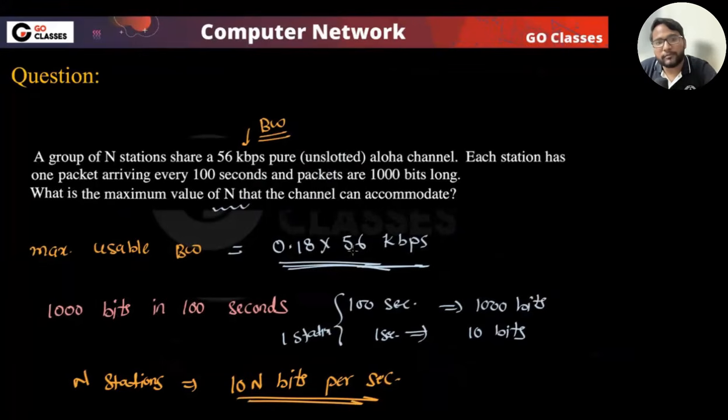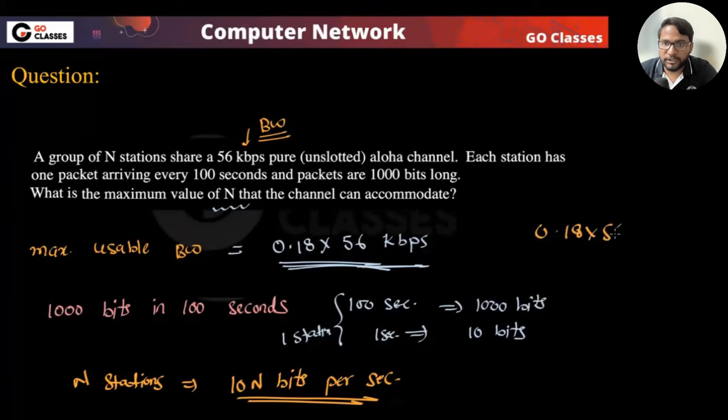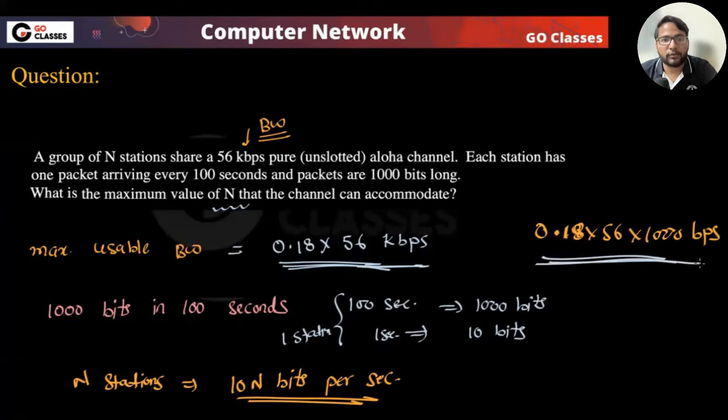And the maximum you can use, this is the available bandwidth for you: 0.18 into 56 into 1000 bits per second. This is the maximum bandwidth that you can use. So if there are n stations, then 10n bits per second is what you will have in the channel. And if the maximum that you can use is this much, then what is the value of n?